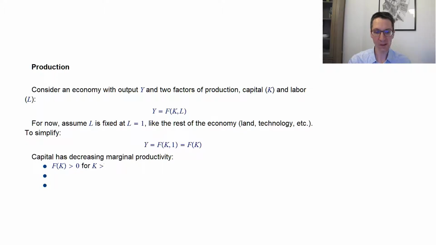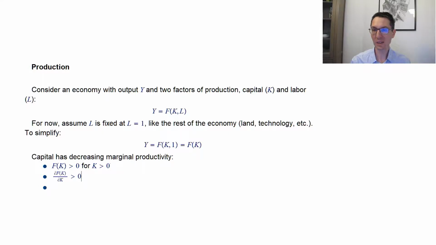Then what happens if I increase the amount of capital by some positive quantity? Well, I should be able to produce more. So I write df of k over dk is also positive, but there are decreasing returns.